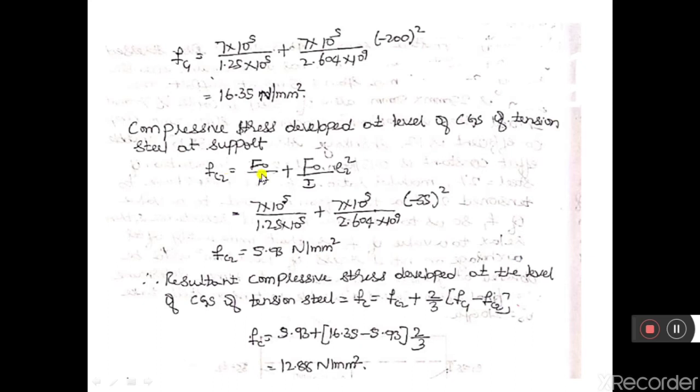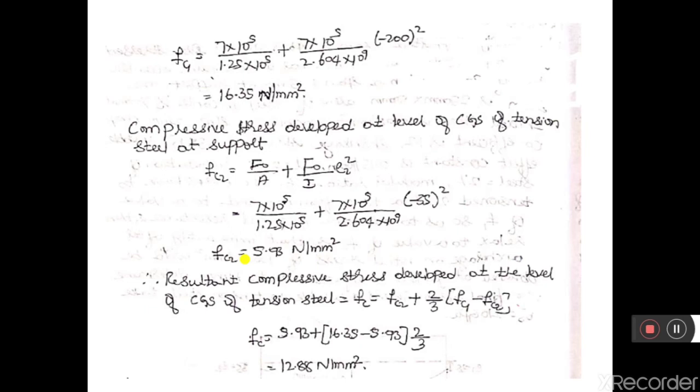Fc2 is equal to F naught by A plus F naught by I into e2 square, where e2 is minus 35, the eccentricity at the supports. Using 7.7 into 10 to the power of 5 as F naught, the area, the moment of inertia and minus 35 as the eccentricity, Fc2 is equal to 5.93 Newton per mm square.